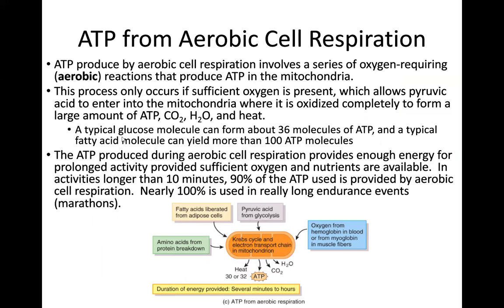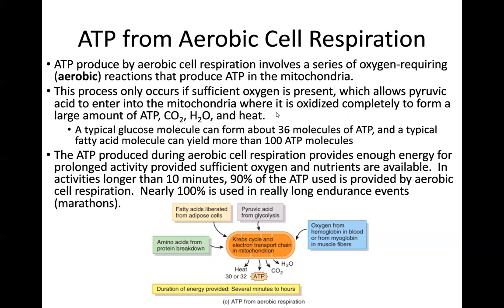That's from glucose. Okay. You can also perform this process using amino acids from the breakdown of proteins, or you can use fatty acids from the fat in your body, which actually produce a heck of a lot more ATP, over 100. So that's very significant.